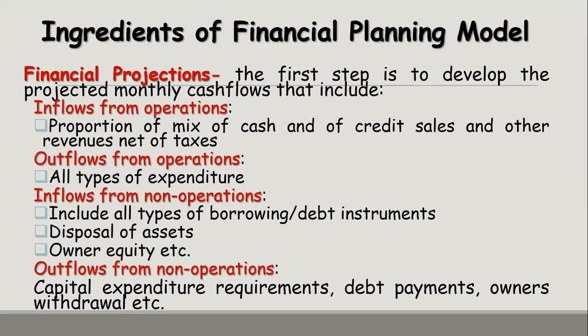Borrowings are usually from financial institutions, family and friends, subordinate companies, directors, etc. On the other side, you float debt instruments like bonds and term finance certificates. Other revenue from non-operations comes from the disposal of assets.